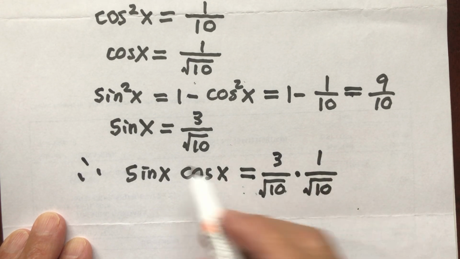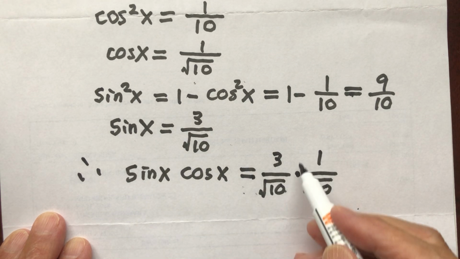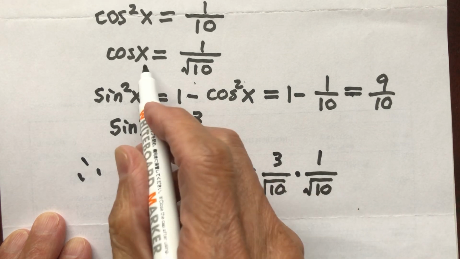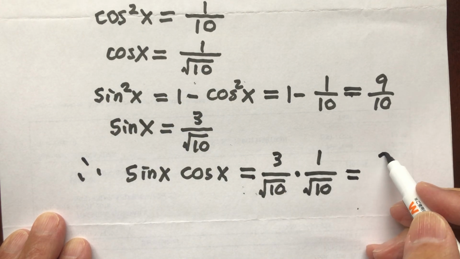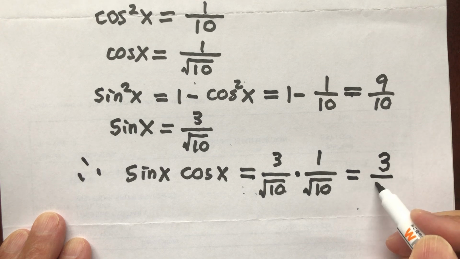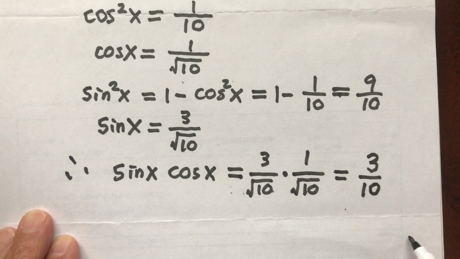This part is sine. This part is cosine. So I have 3 over 10. And this is my answer.